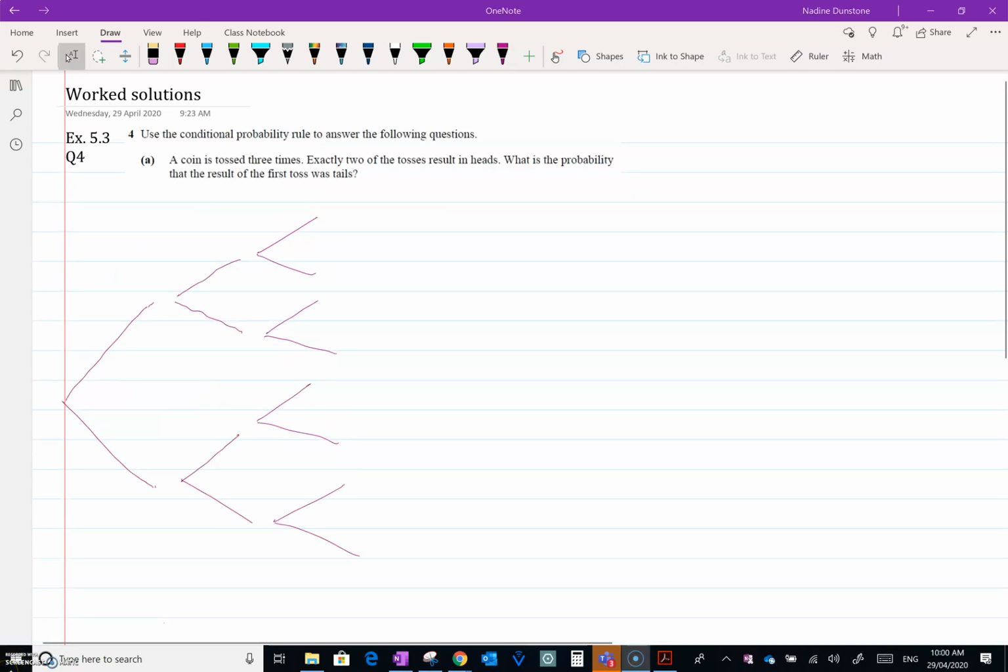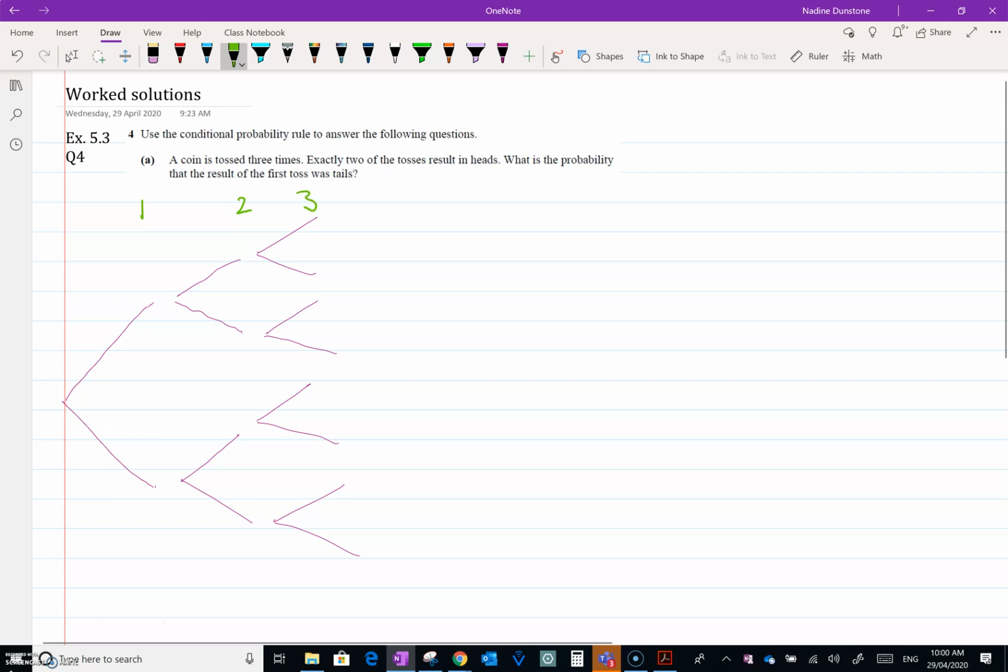What we have to do is to define what our universal set is. So to do that, we're going to use a tree diagram. Here we have our first toss, our second toss, and our third toss.